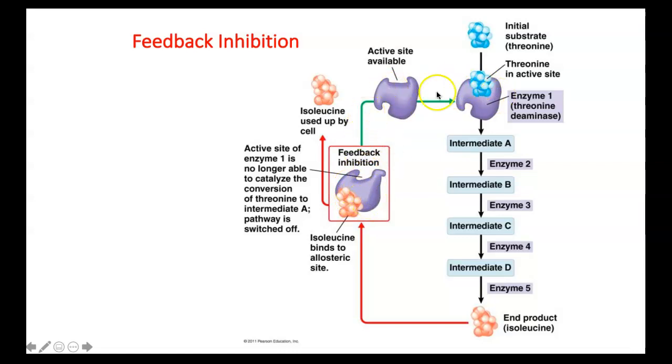So this is all the same original enzyme. It's just showing you in different forms. It will allosterically bind to that enzyme, shutting down the active site so no more substrate can bind, making more product. So the end product of a pathway loops around, shuts down the pathway so that no more product can be made because enough has already been made.